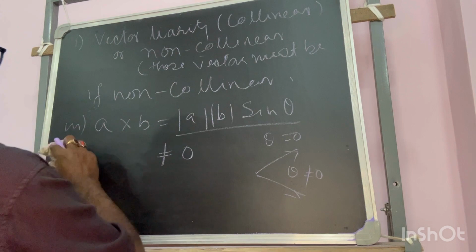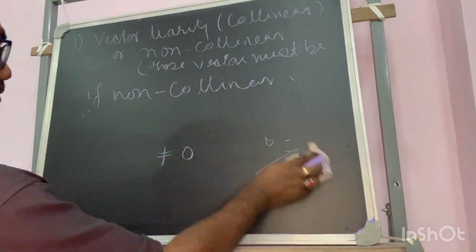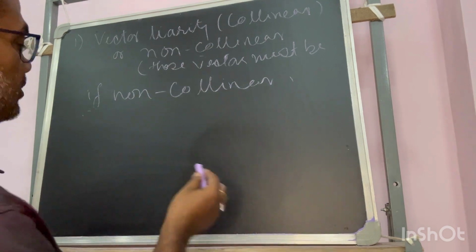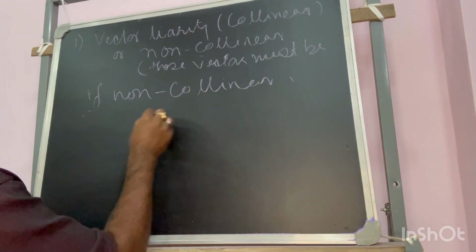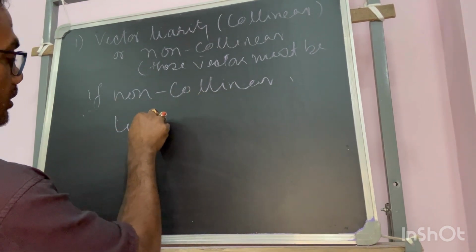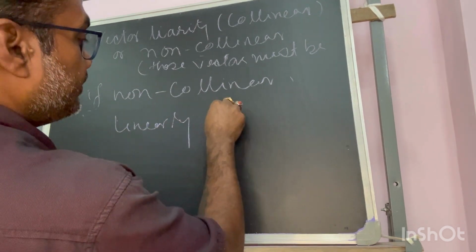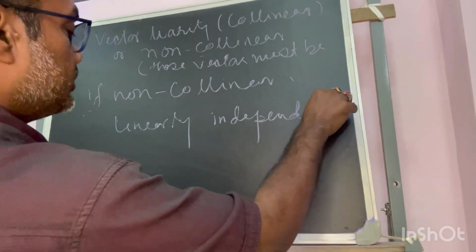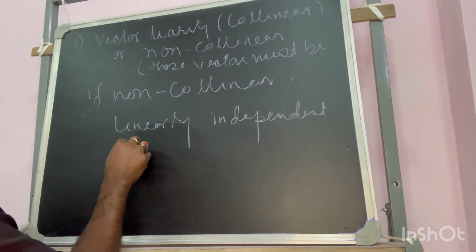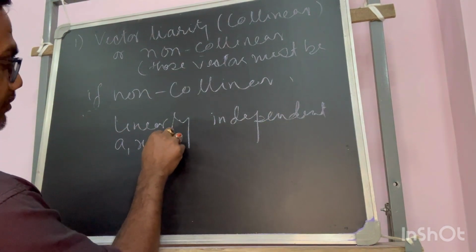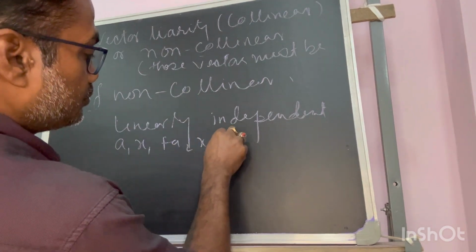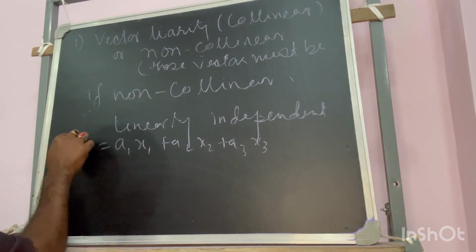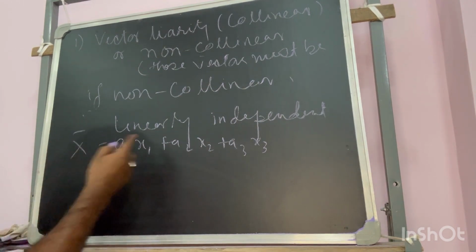And the other term that we have used for collinearity is that they are linearly dependent. In this case, for non-collinear, it will be linearly independent. That I have already discussed. That is, a1 x1 plus a2 x2 plus a3 x3, where x is a set of vectors.